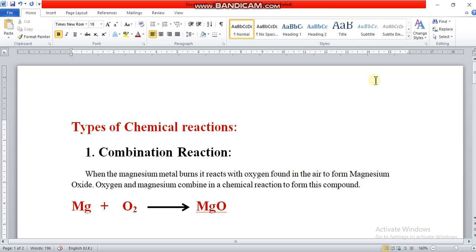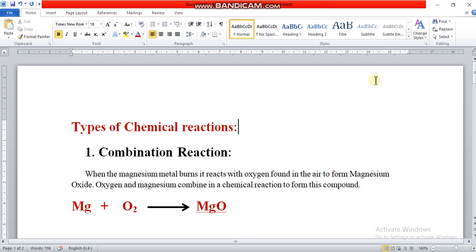To understand chemical reactions, there are thousands of them, so it is quite difficult to understand each type of chemical reaction. That's why chemical reactions are grouped into some special types.